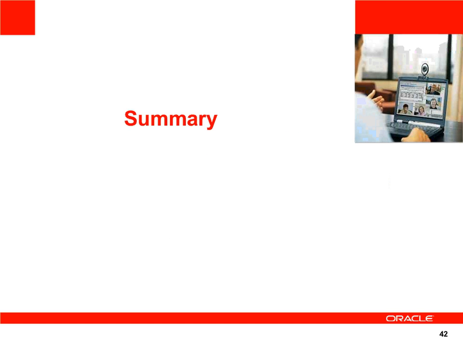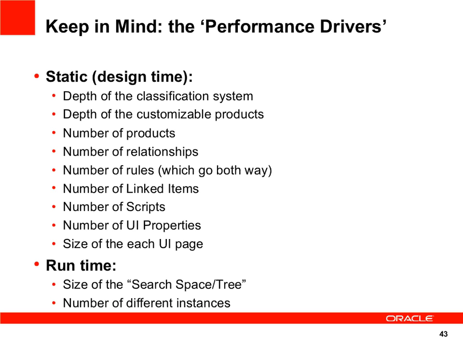Yeah, at the end, a short summary. That's actually something that you can keep in mind. And as a basic statement, you can say, try to keep your products simple. Try to reduce any number of objects, whether they are rules, linked items, scripts, UI properties. Always keep them low if possible.